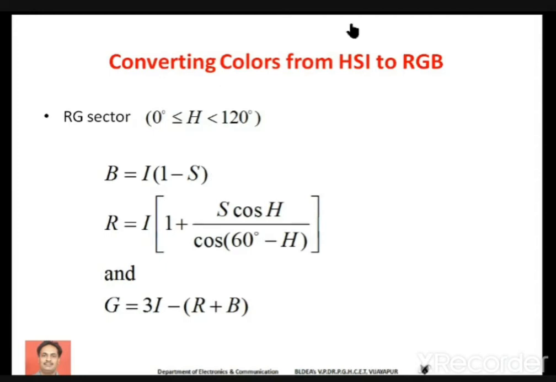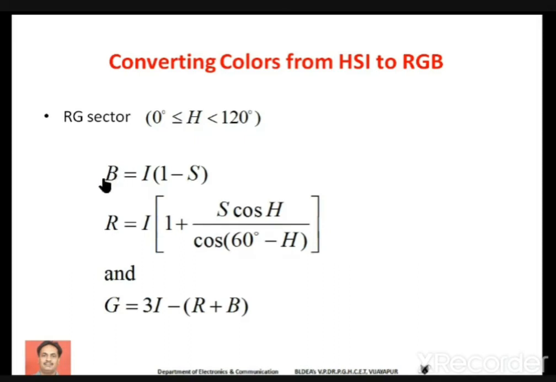First, we are going to check the value of H. If it is between 0 and 120 degree, we have to use these set of formulas to obtain RGB values. The formula is like this.